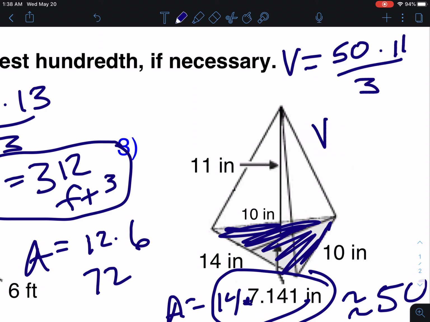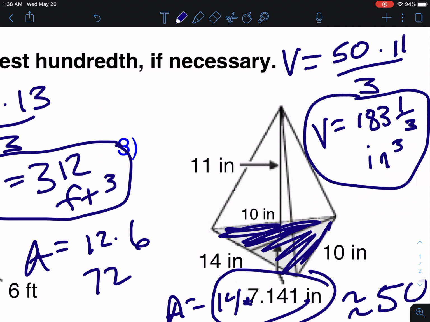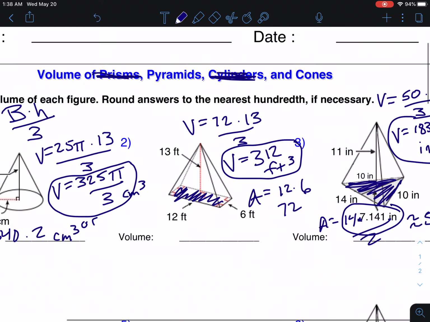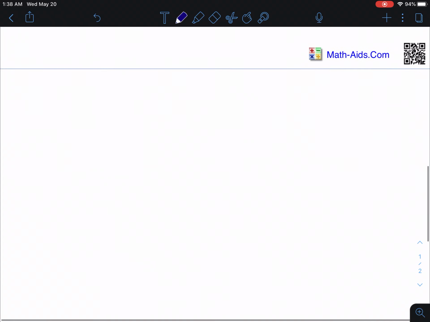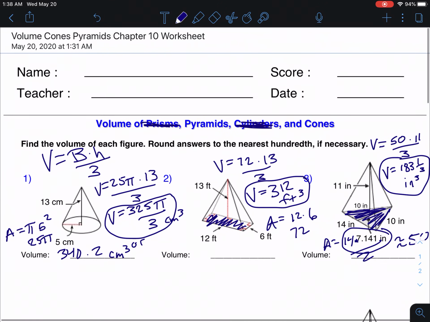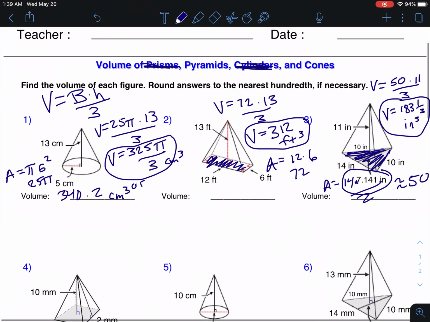So this would be 183 1/3 inches cubed. So, other than that, it's all pretty much the same thing here. Just find the area of the base, multiply by the height, divide by 3. That's the whole process. Use your calculator. Okay, thanks.